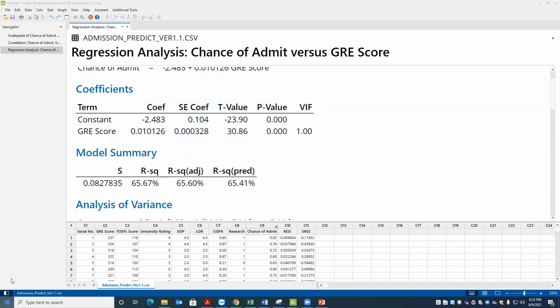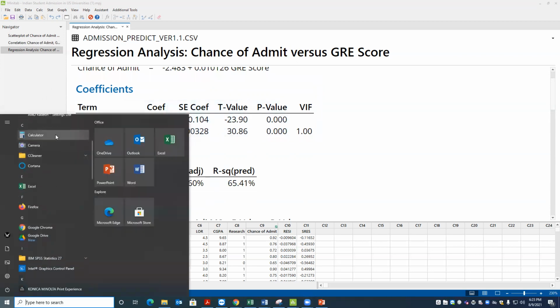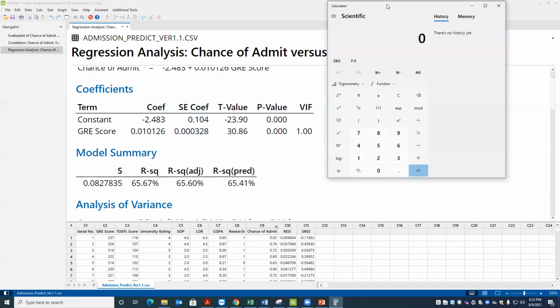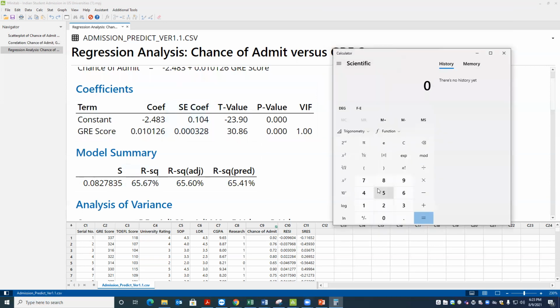just a minute, I'll use my calculator. So 2.483 divided by 0.104, and you get 23.875 as the answer.